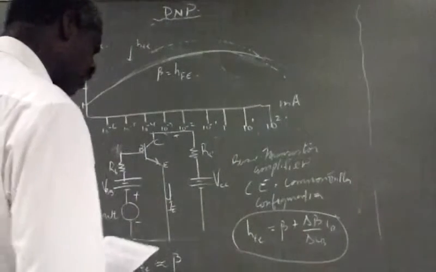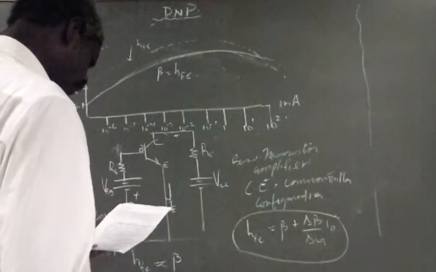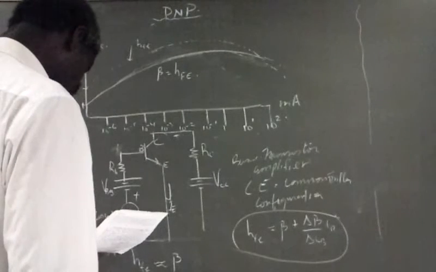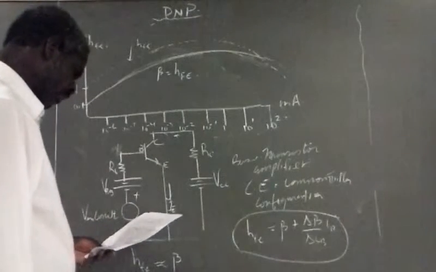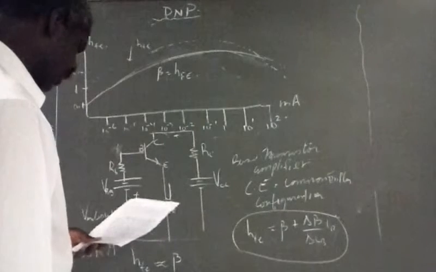Now the assumption that beta is equal to h_FE, equal to a constant, is often made to simplify the circuit analysis.